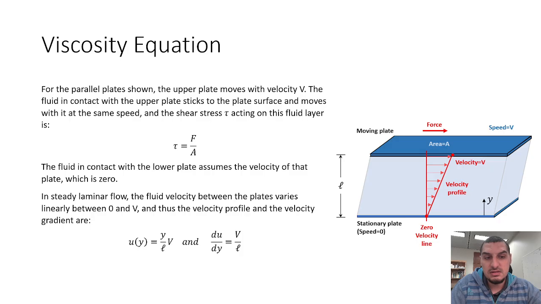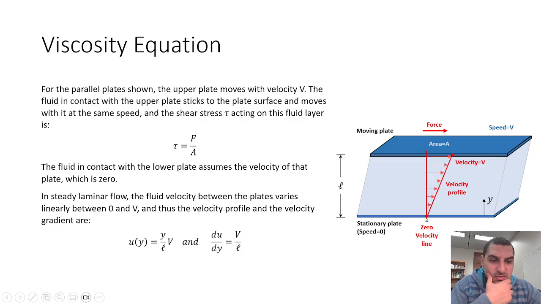This is the simplest case, that the velocity profile is linear, meaning that the change in the velocity with distance is constant. Delta u over delta y is constant. So the velocity as a function of y is a constant multiplied by y, which is a linear relation.